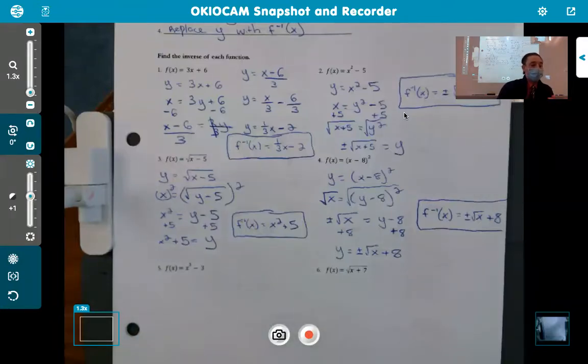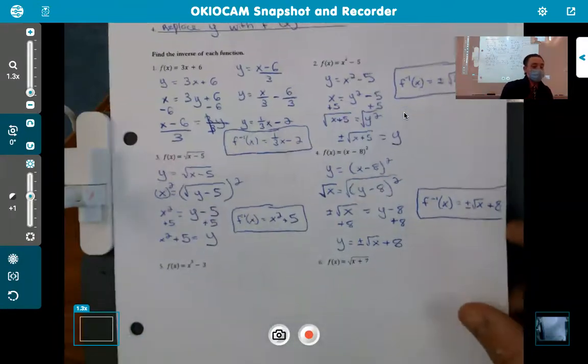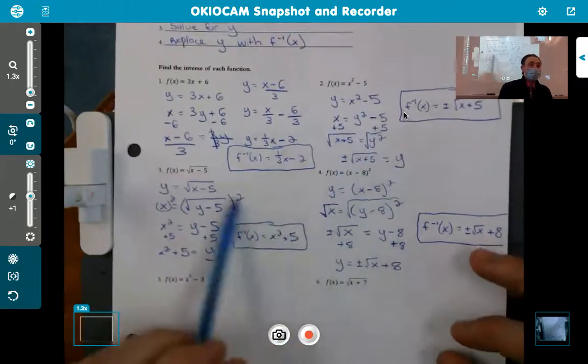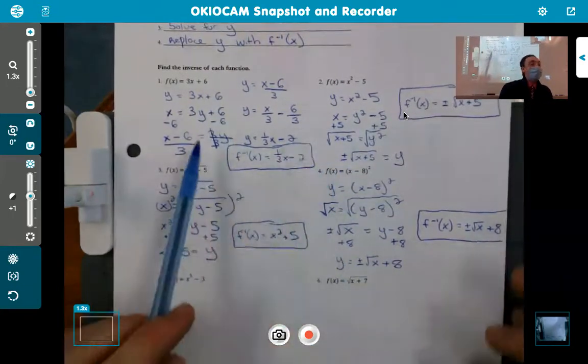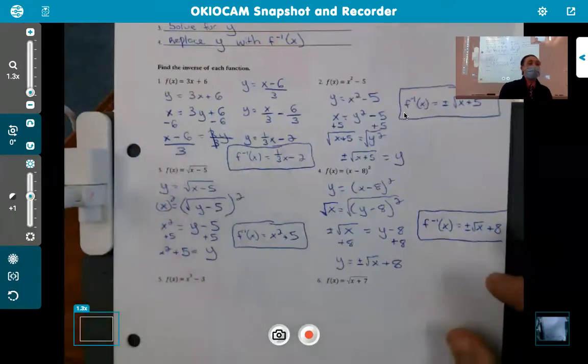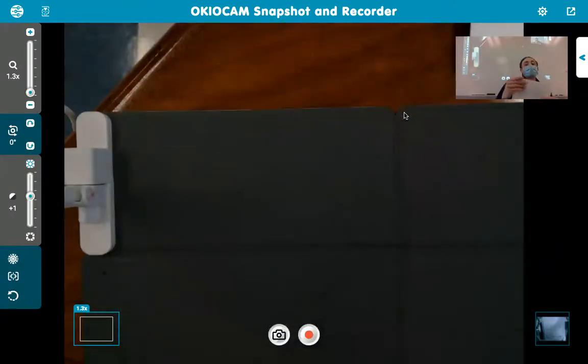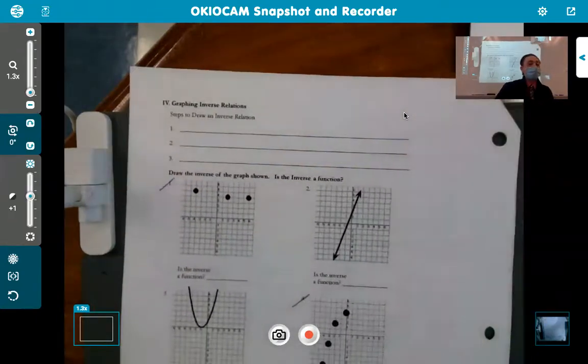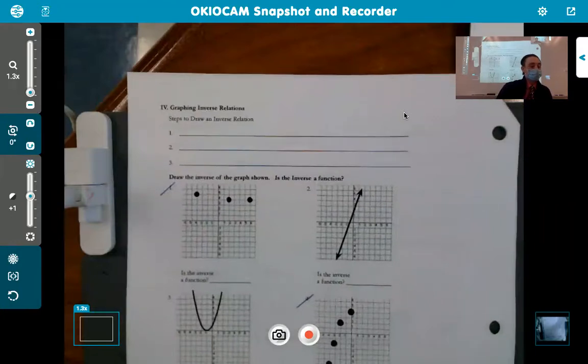We will do a little bit of skipping around just so we can get through everything that we need to. So I'm going to jump over to the next page. You will see questions like this on your homework tonight. It's actually the majority of your homework. Given an equation, can you go through and solve for the inverse? Another type of question that you might see moving forward is being able to graph an inverse.